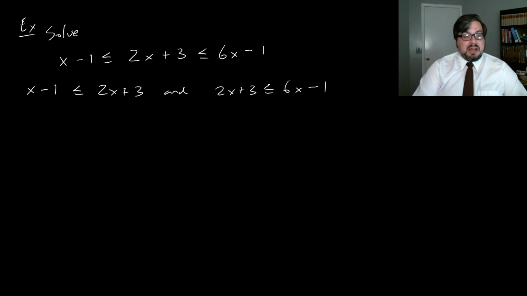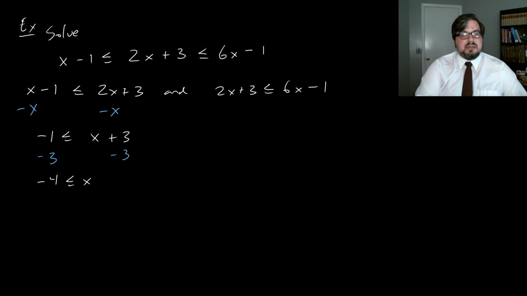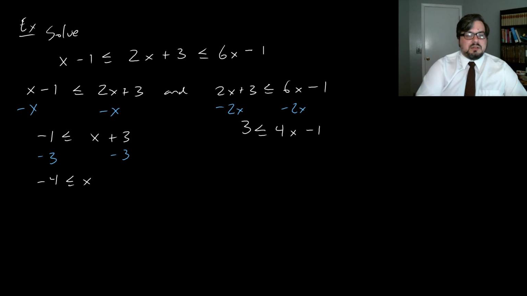Now, solving for x, I can subtract x from both sides here, get negative 1 is less than or equal to x plus 3. And subtract 3 from both sides to get negative 4 is less than or equal to x. And then on the right-hand side, we can subtract 2x from both sides to get 3 is less than or equal to 4x minus 1.